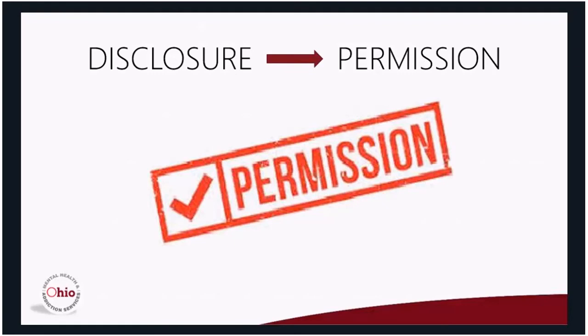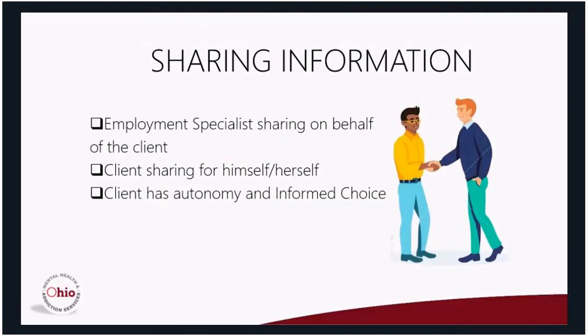So disclosure gives employment specialists or other advocates permission to talk to others on behalf of the client. Disclosure refers to either employment specialists sharing information with the employer about the client for purposes of helping him or her to get a job or obtain supports to be successful at work.